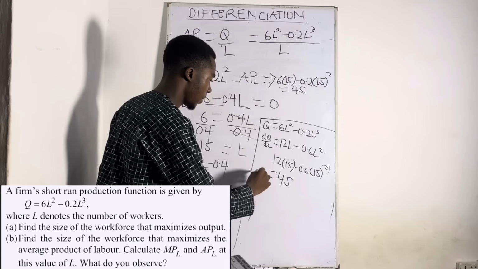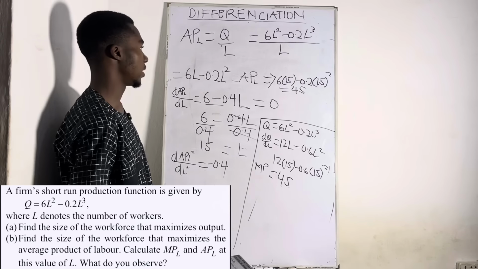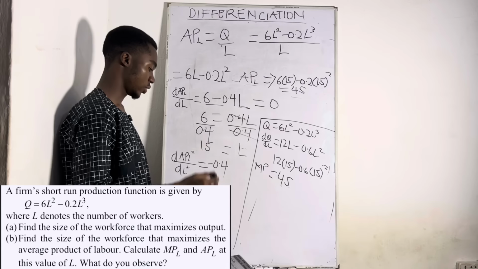So it means our marginal product is 45, and our average product was also 45. It says, what do you observe? You observe that the marginal product and the average product are the same. So we are done with this.